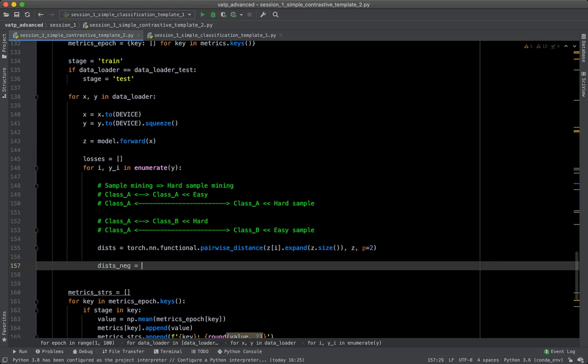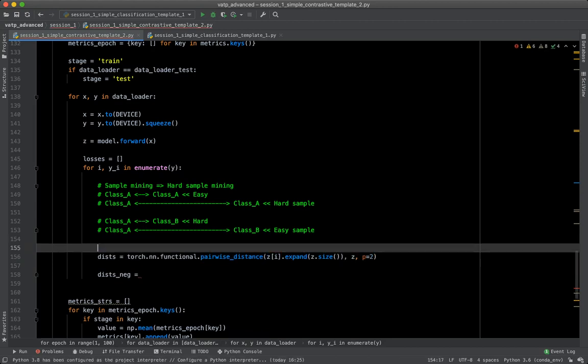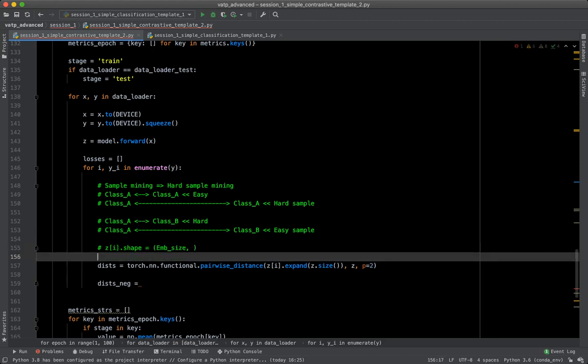So why are we using expand? Because the dimensionality does not match. Let's think about it. Z1 shape would be the embedding size, but the z shape would be all of the samples in the batch times embedding size, and they would not match, and I cannot do the pairwise distances.